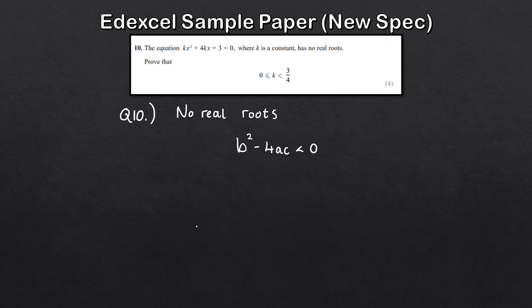So if we take our quadratic equation here and apply the discriminant to that, what we should be able to prove is the result that we're asked to show for 4 marks.